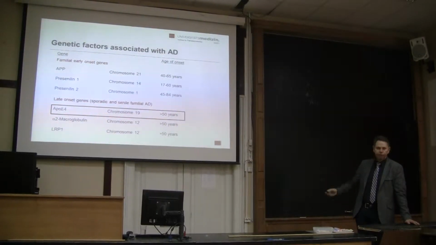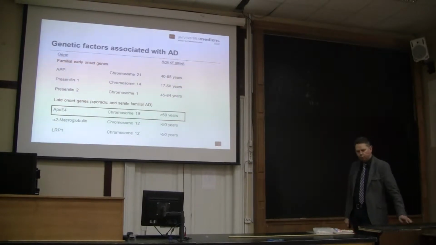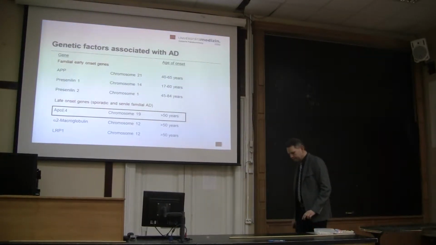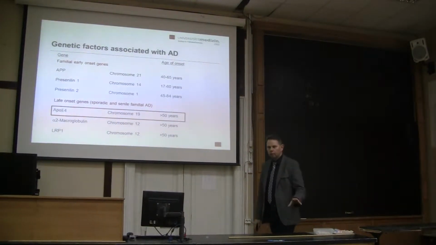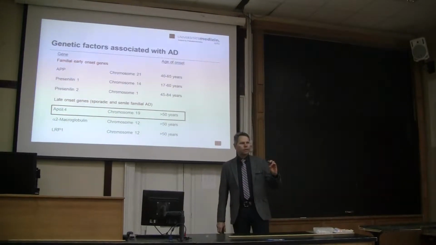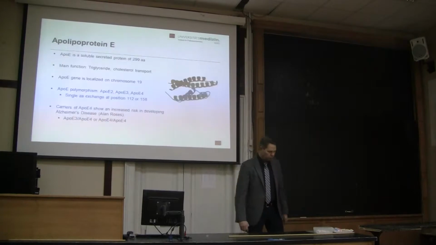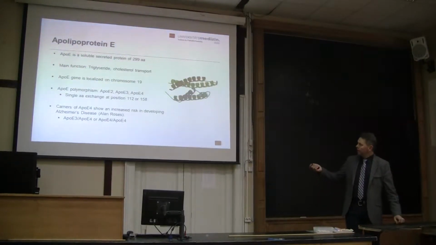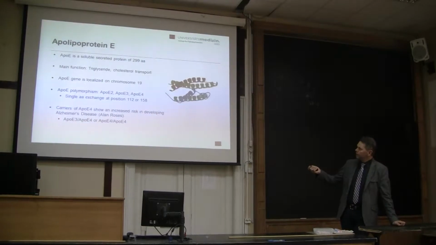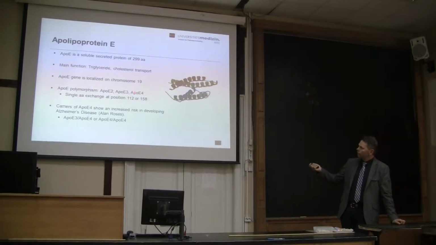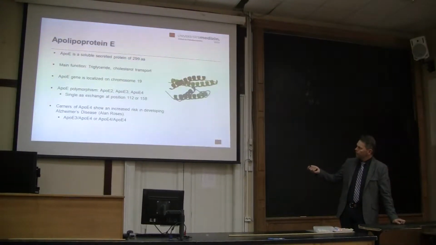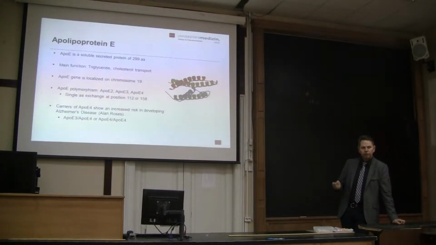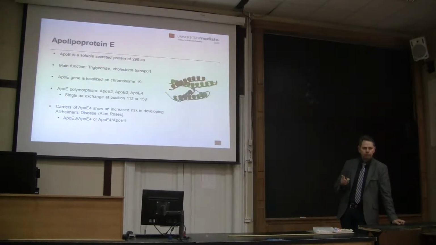Okay. Then we had on this list other genes. We had the ApoE gene on that list, which was the best genetic marker for risk to develop Alzheimer's disease. I mentioned in the very first lecture that ApoE is a gene family of 3 members: ApoE2, ApoE3, and ApoE4. The difference between all of them is one single amino acid.